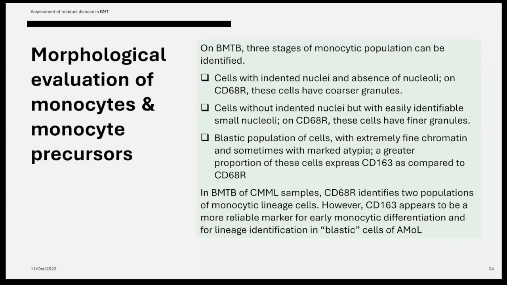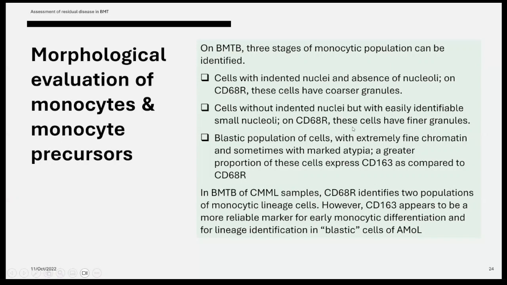Another cell is without indented nuclei, but with easily identifiable small nucleoli. They have rounded nuclei, small nucleoli, and these cells have finer granules. Coarse granules versus finer granules, but the coarser one has indented nuclei and no nucleoli.